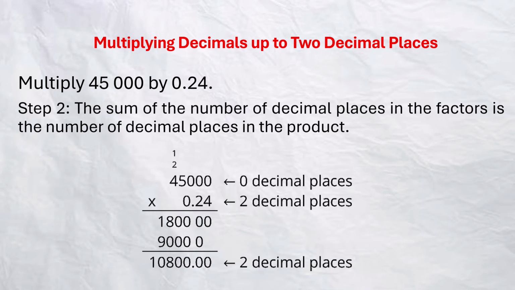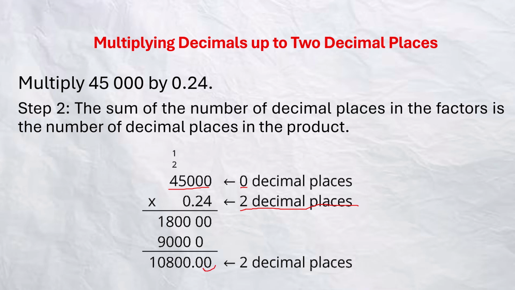The sum of the number of decimal places in the factors is the number of decimal places in our product. If we count the number of decimal places in our first factor, that is 0. In our second factor, that is 2 decimal places. So therefore, we move from the right 2 times going to the left.